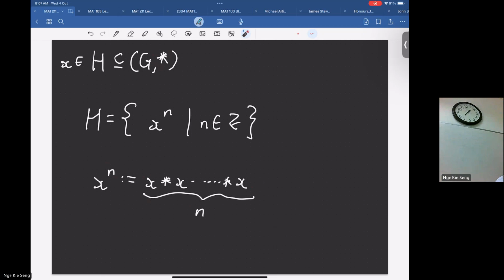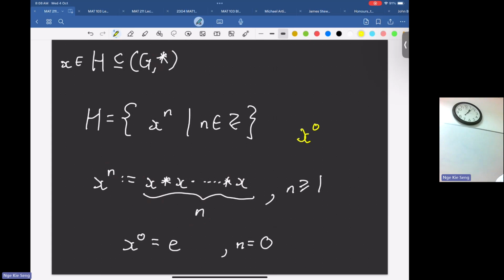Is it okay? Better? Of course, you should ask what is s^0. Do I put nothing here? What is s^0 supposed to be? This is only well defined for n greater than or equal to 1. How about 0? Last time we verified that it has to be the identity in the group, because we checked what happens if we compose s^0 with the others.